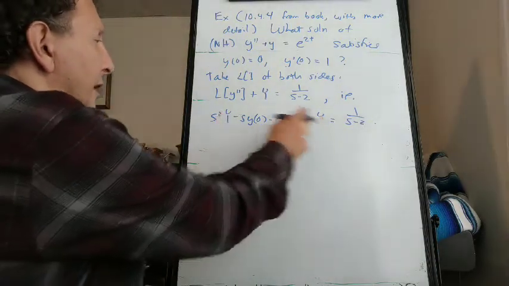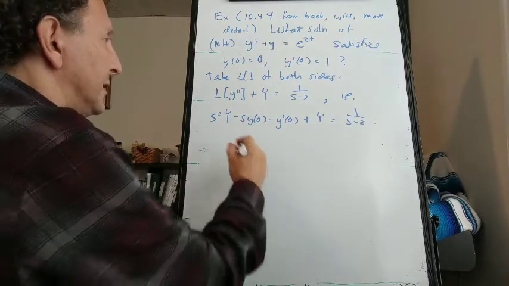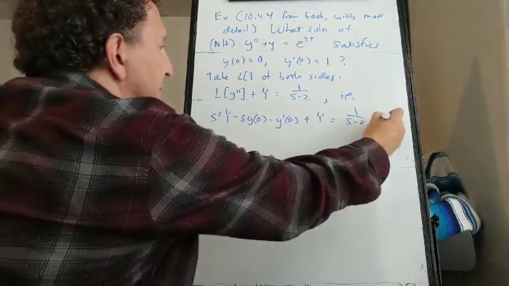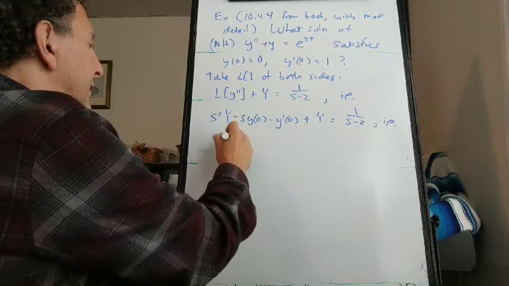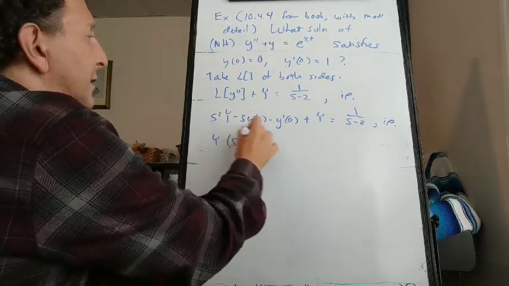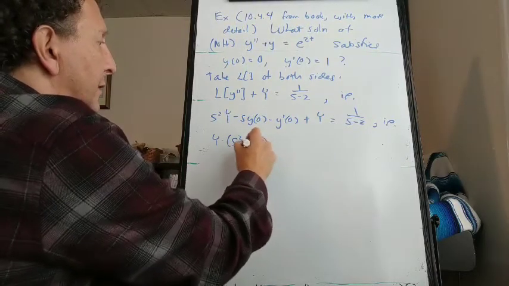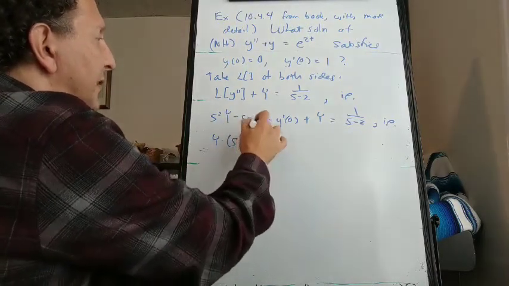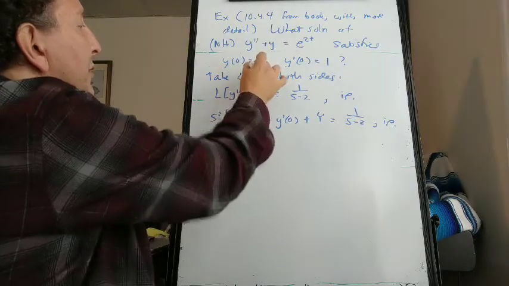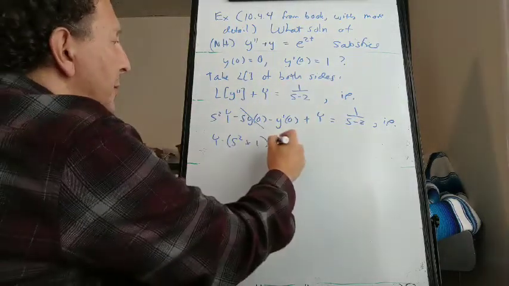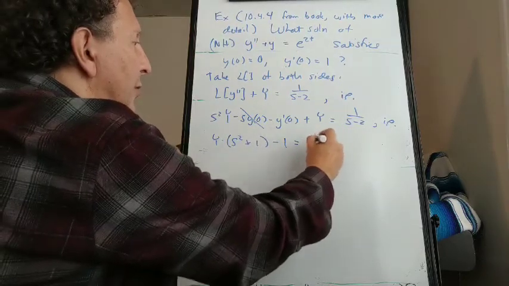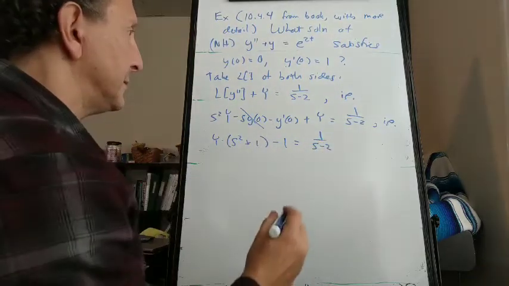So if we collect the Y's together, we're solving for capital Y. We have Y times s squared plus 1, minus s y of 0. y of 0 is 0, so that's going to go away. Minus y prime of 0, minus 1, equals 1 over s minus 2.